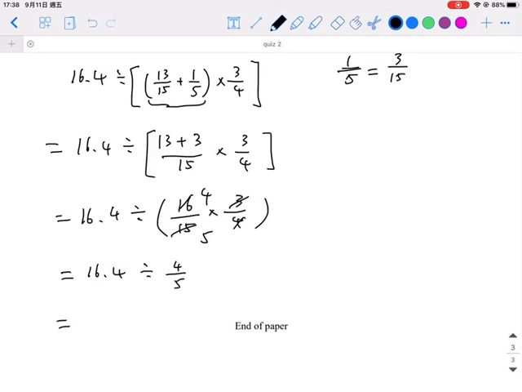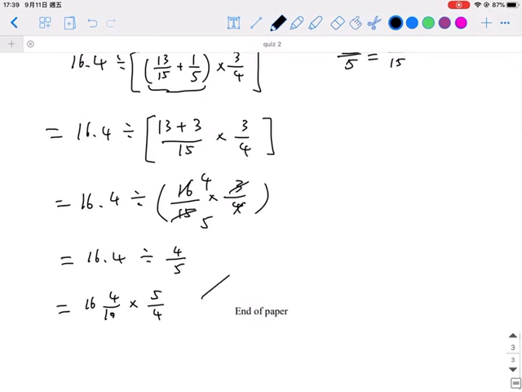So the last two steps, this time maybe I change into a fraction, it is also okay, so I write down 16 and then 10 over 4, right, multiplied by 5 over 4. Okay, remember to reverse the numerator and denominator and change it to an improper fraction, that means 164 times 5 over 4.